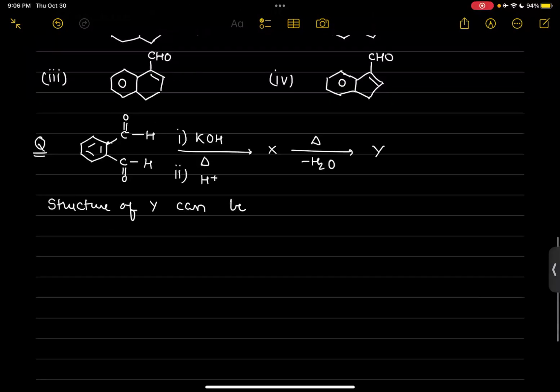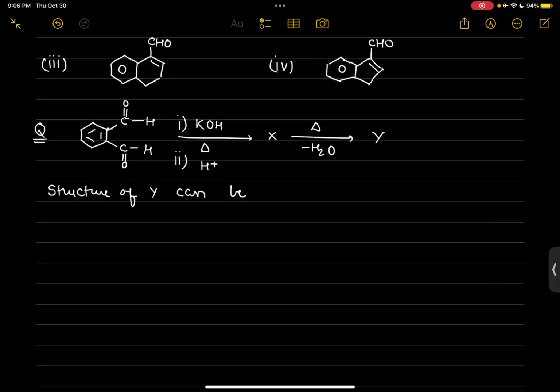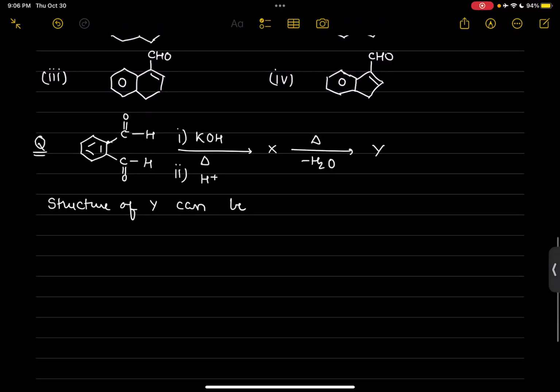So what is the structure of Y? You heat it with base, then you put acid, then you do the hydrolysis, acidification, and heat, which leads to the removal of water.